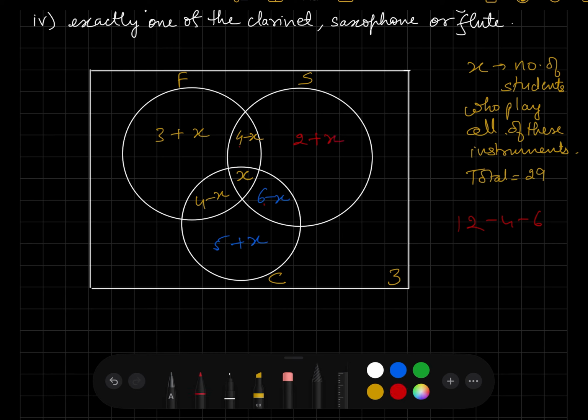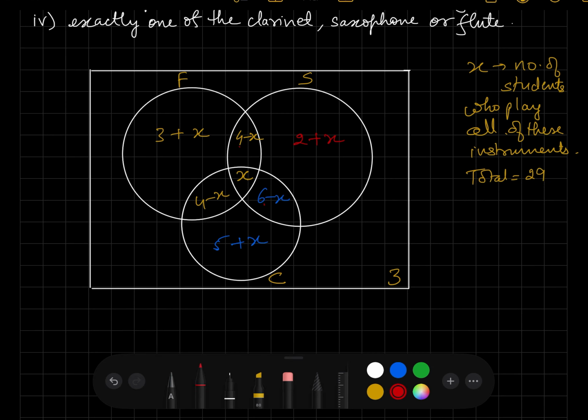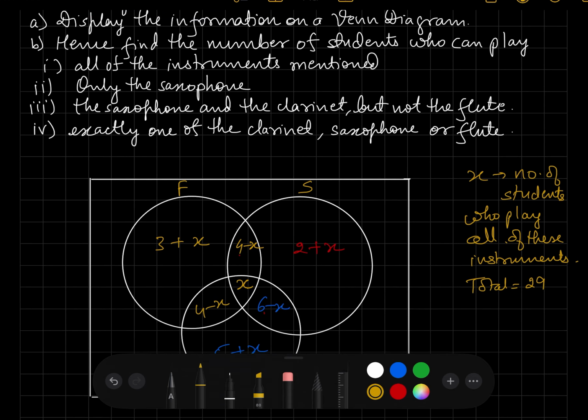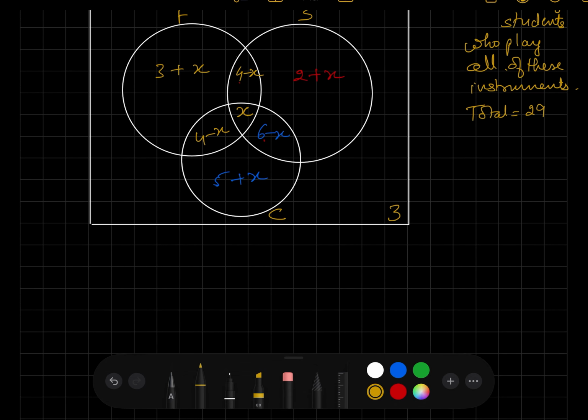Got it? So this is how we get the number in all the boxes, and according to the information given, there are total 29 students in the orchestra, and 3 are playing nothing. So we can add up all and write equal to 29, and that way we can find our x value.